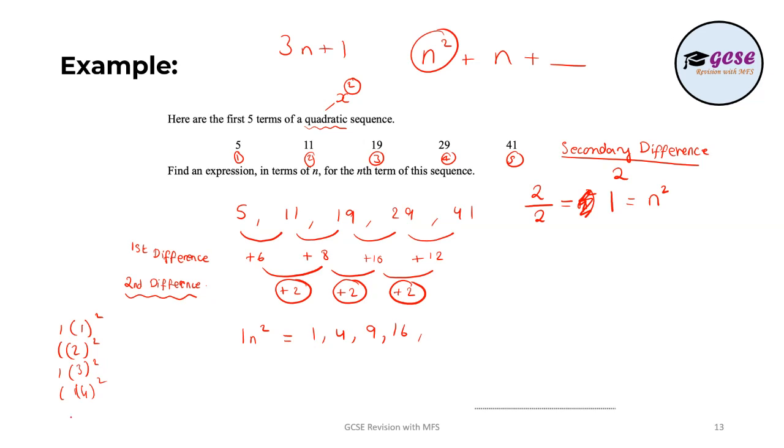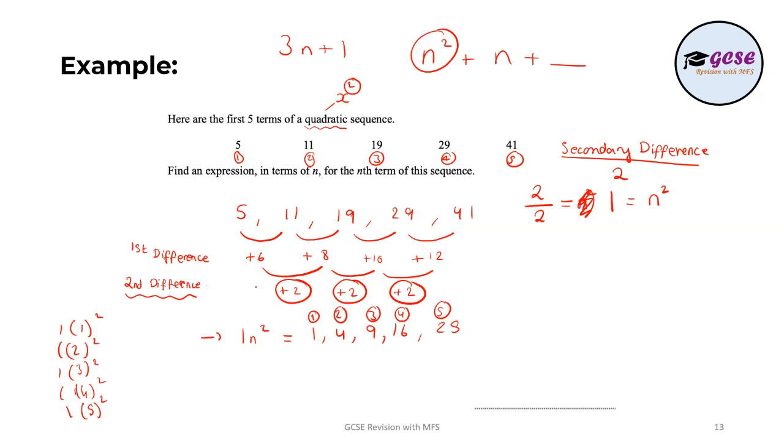And 5 gives us 25. So this is the sequence of 1n squared. As you can see, we're just substituting in the positions 1, 2, 3, 4, and 5.